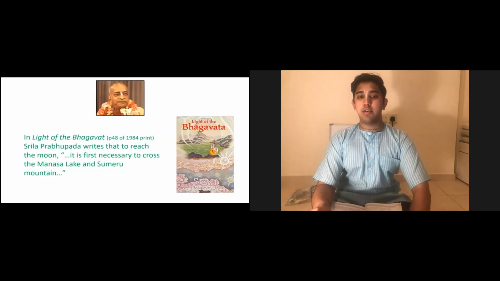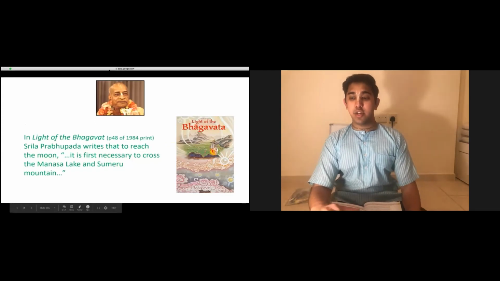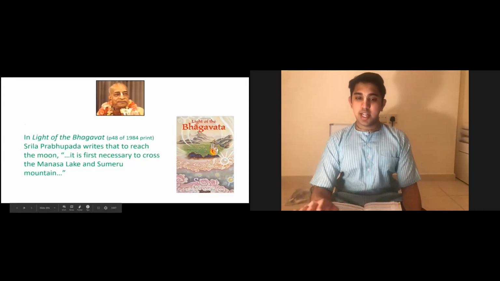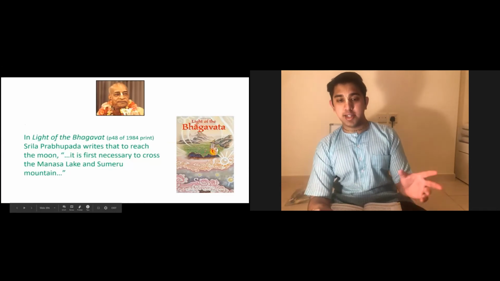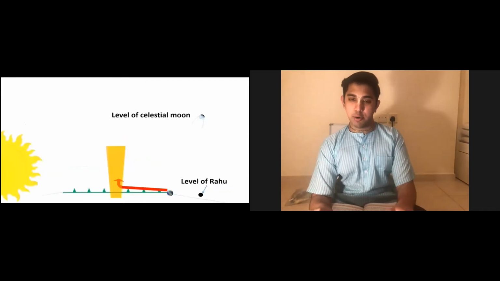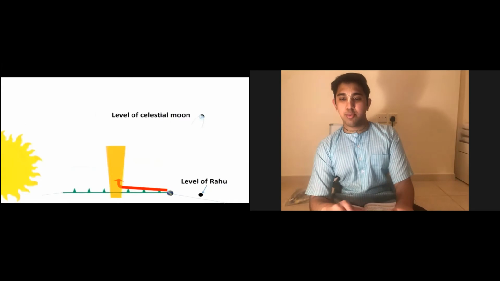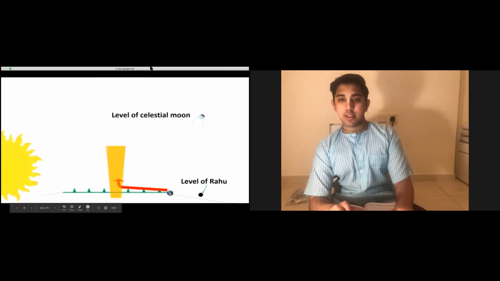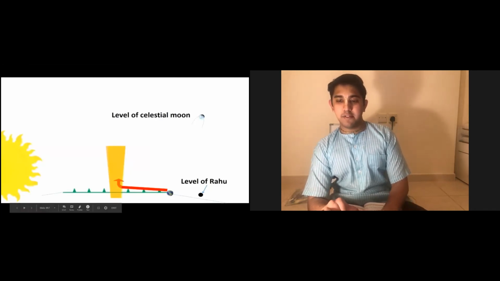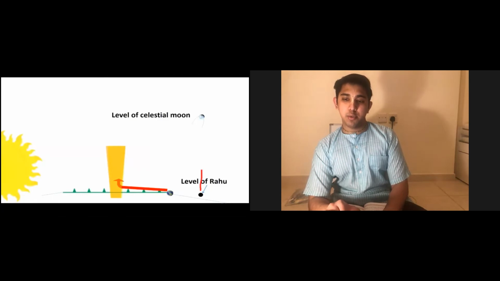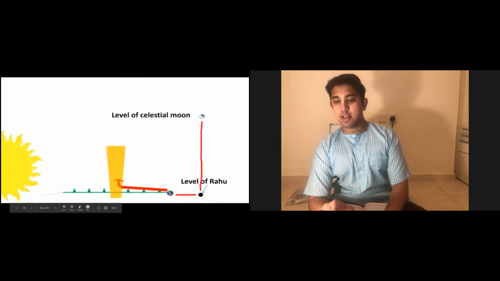In the light of Bhagavatam, Srila Prabhupada writes that to reach the moon, it is first necessary to cross the Manasa lake and the Sumeru mountains. So this would be our journey from the earth to the moon. But as shown in this diagram, one can see that the physical distance between the earth and the moon, as well as the earth and Rahu, kind of coincide.